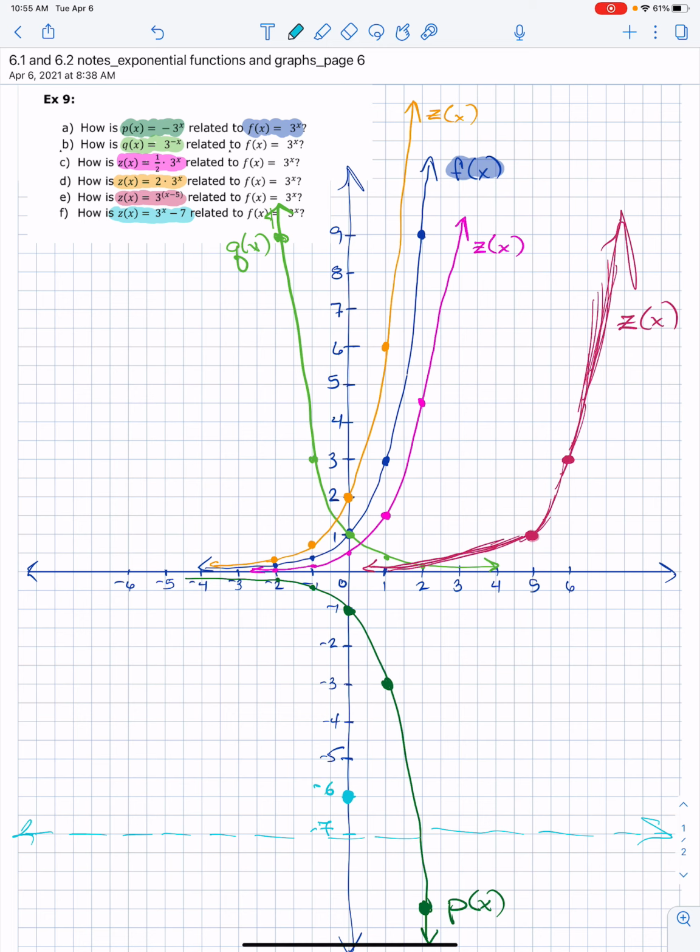My (1, 3) becomes (1, negative 4). I know that this is going to approach my asymptote on the left, shoot up towards infinity on my right. And there are our transformations.